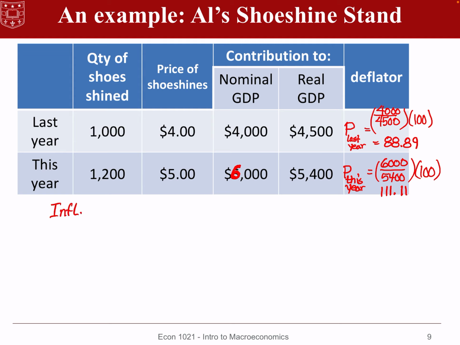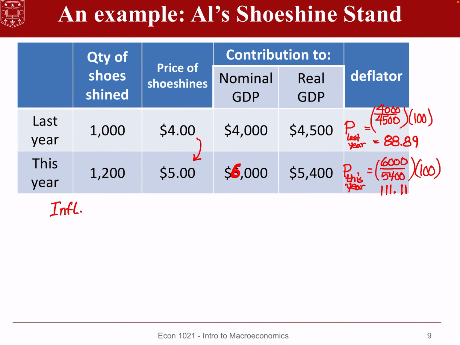Well, again, we have already calculated this when we began, but let's just verify that we're getting the same answer. So we saw that prices had risen by 25%. Using this simple example, we should get the same thing. So this would be the average price level this year, subtract from that the average price level last year, divide it by the average price level last year.